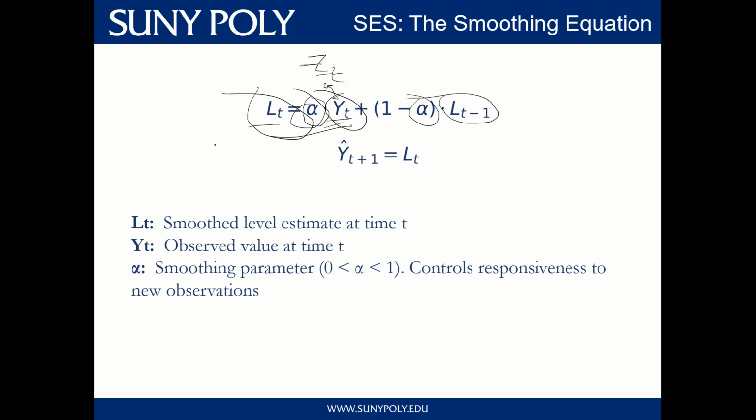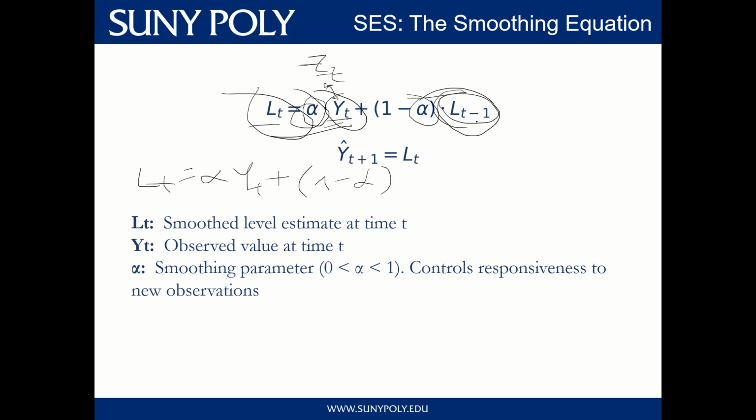Now, maybe you're thinking, why is this called exponential? Because when you look at the equation, it's just alpha times Yt plus 1 minus alpha times Lt minus 1. So it is exponential if this term, the Lt minus 1, we plug in the equation here, so it will be like this. So Lt is equal to alpha Yt, that's exactly the same as the previous one, plus 1 minus alpha.